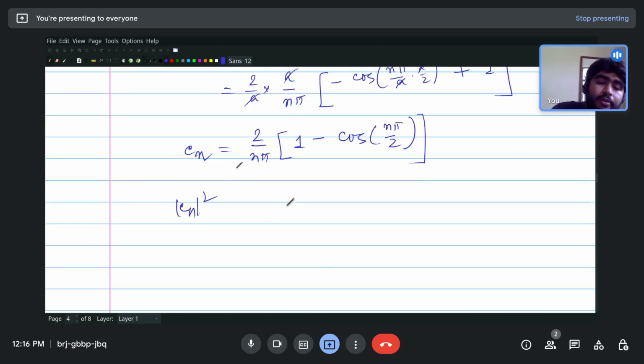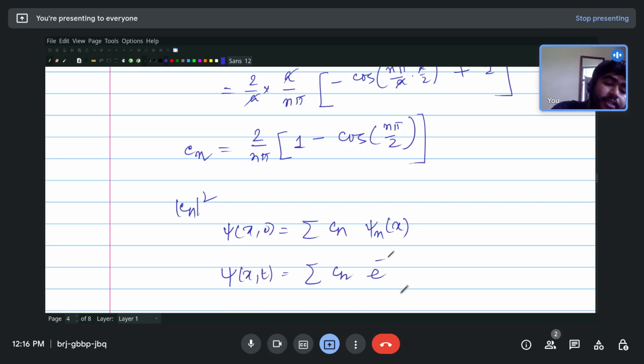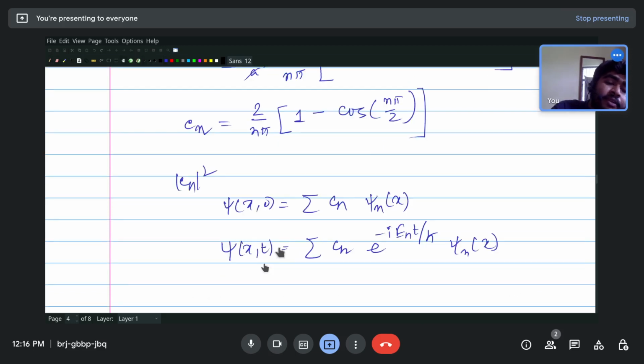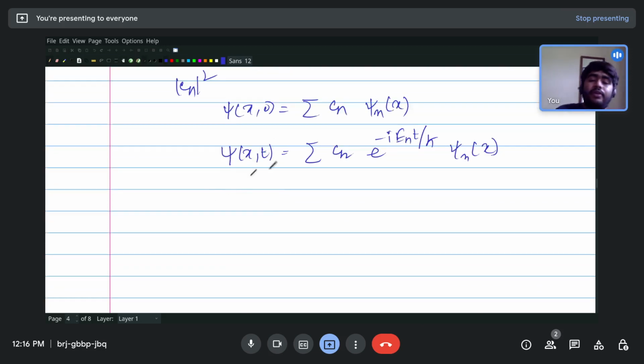Okay, so after you have known all of the Cn's, then psi x,0 is written in terms of the sum of Cn psi n x. And the time evolution, like we have done before also, is given by Cn e to the power minus i En t by h bar psi n. Okay, so this is how it evolves in time. So you can check out for later times.